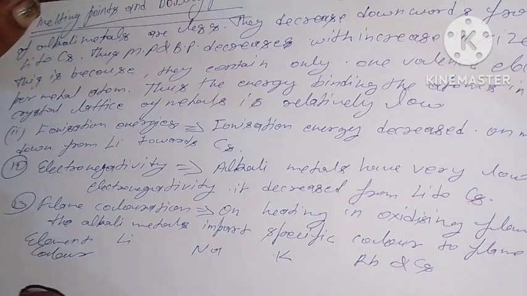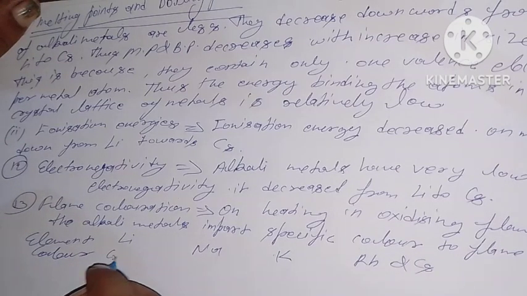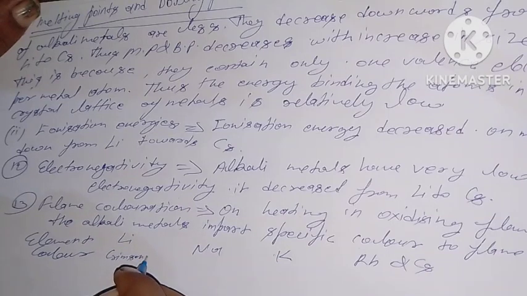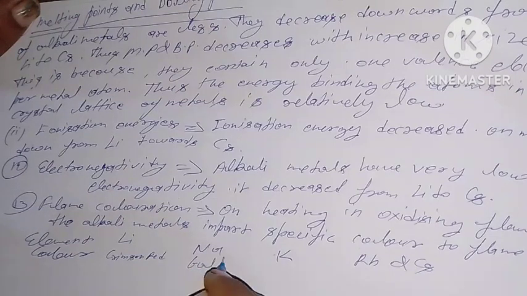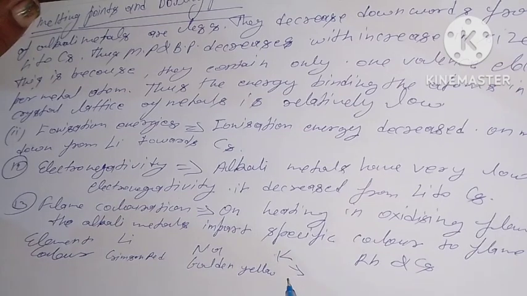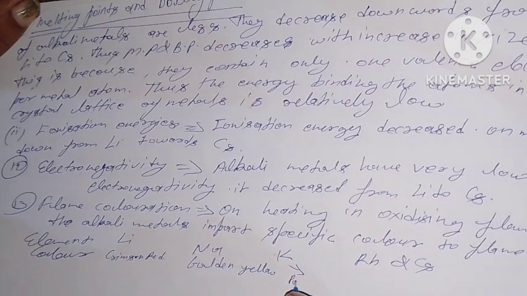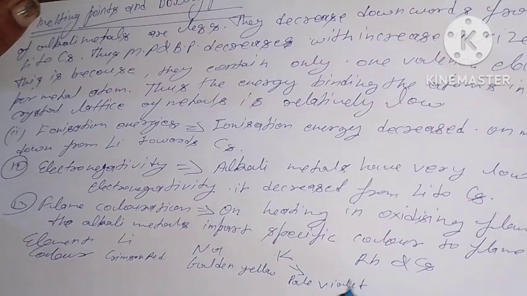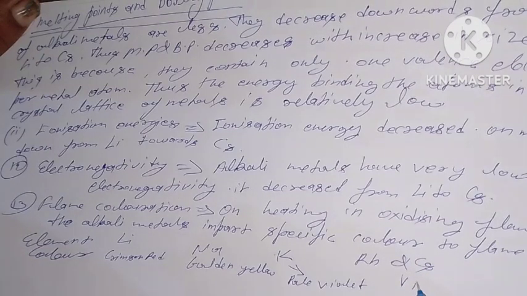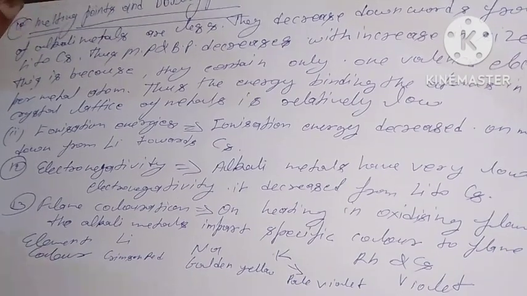The lithium color is crimson red, sodium is golden yellow, potassium is pearl violet, and rubidium and cesium are violet. The color becomes darker as we move down the group from lithium to cesium.